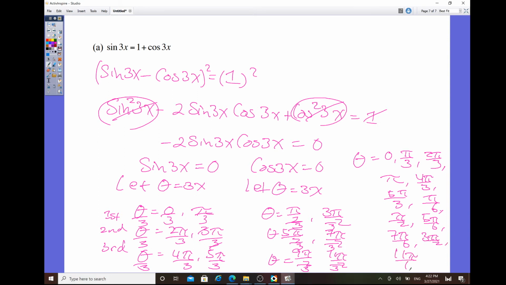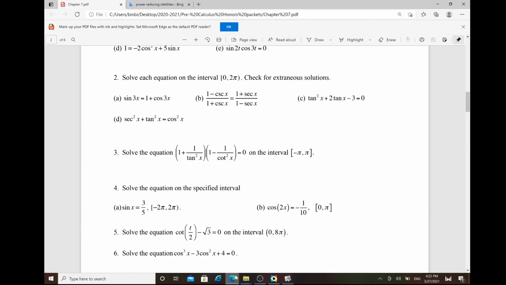So they all work. Again, this one is bounded from 0 to 2 pi, and 2 pi is not included.